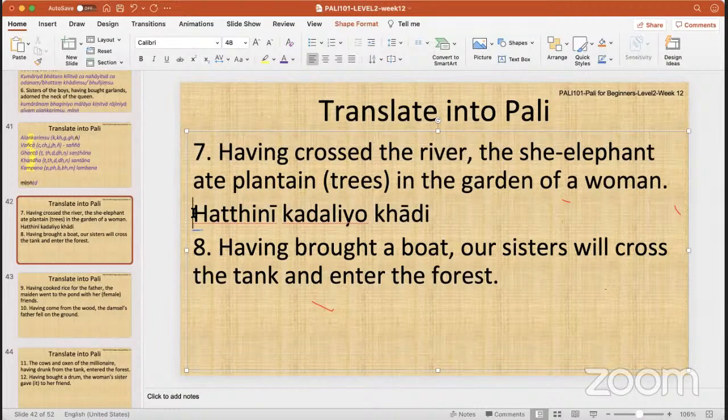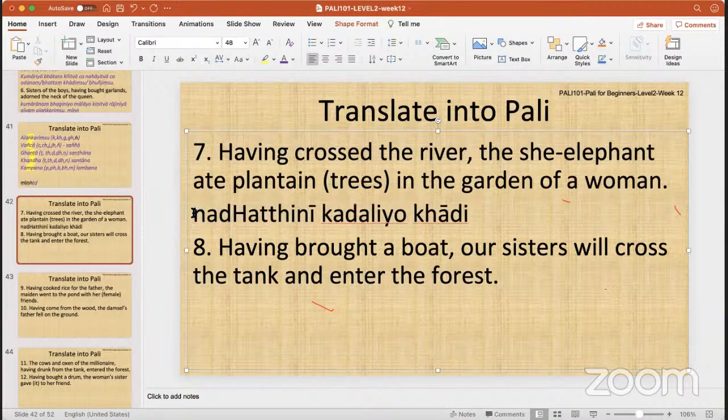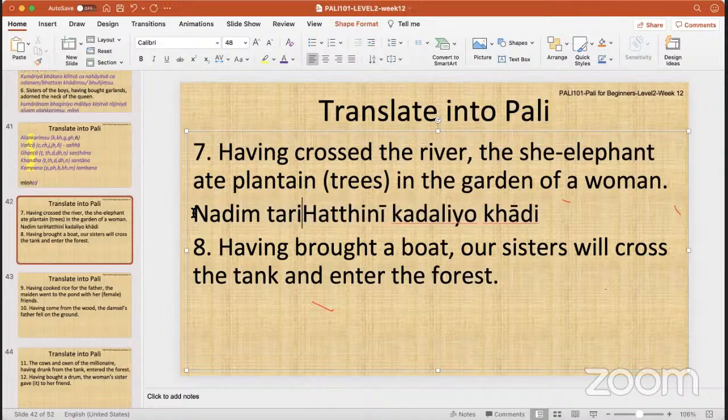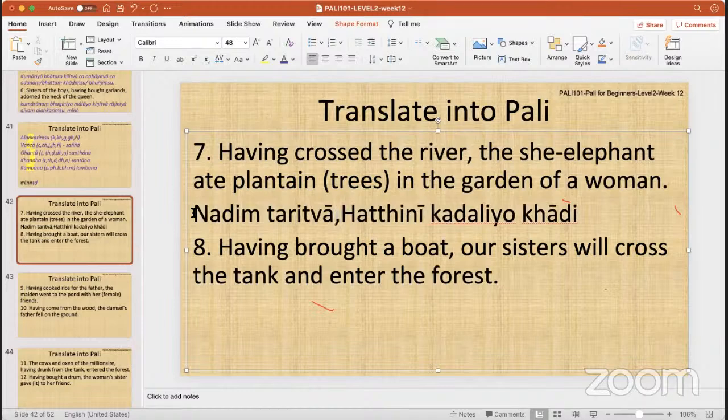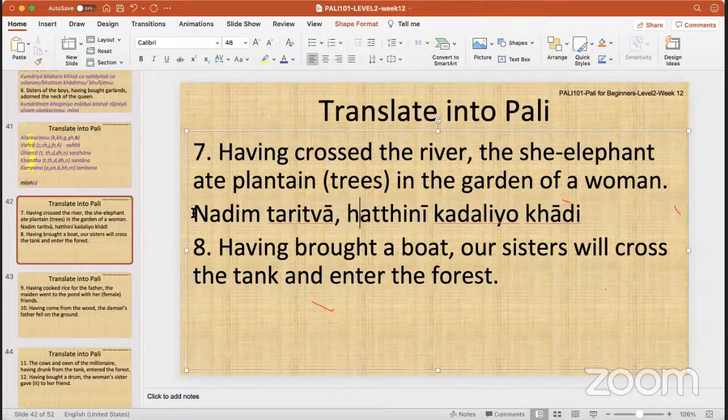Nadim taritwa. Nading taritwa. Gagam taritwa, very good. Nading taritwa, Hathini, Hathini kadaliyo khadi. In the garden.